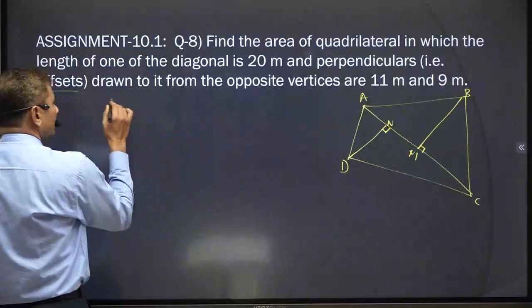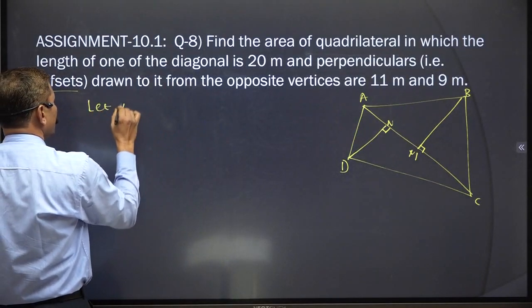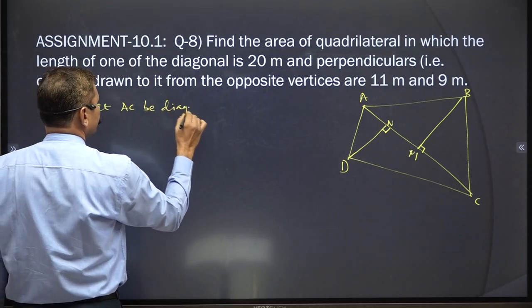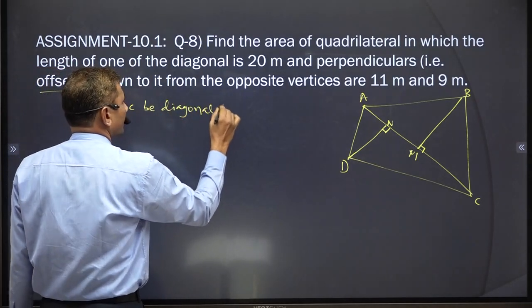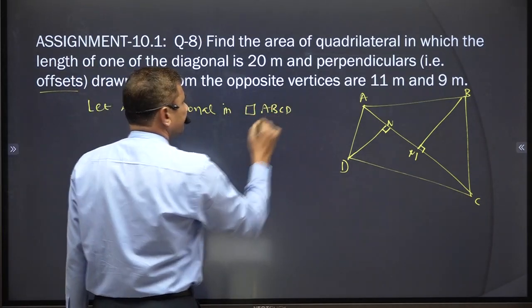So first, let AC be the diagonal in any quadrilateral ABCD.